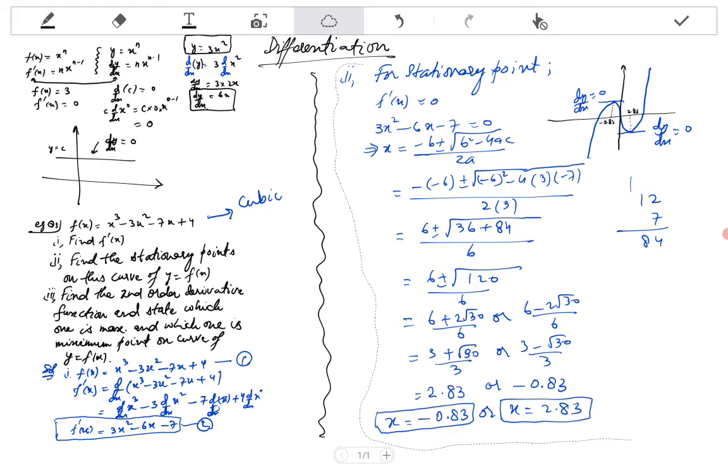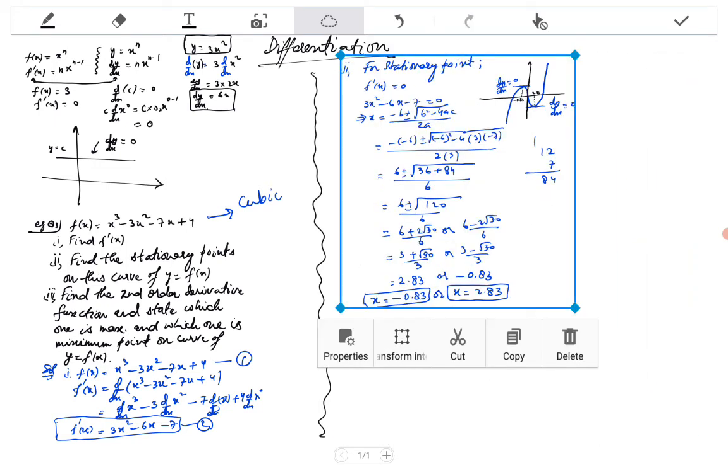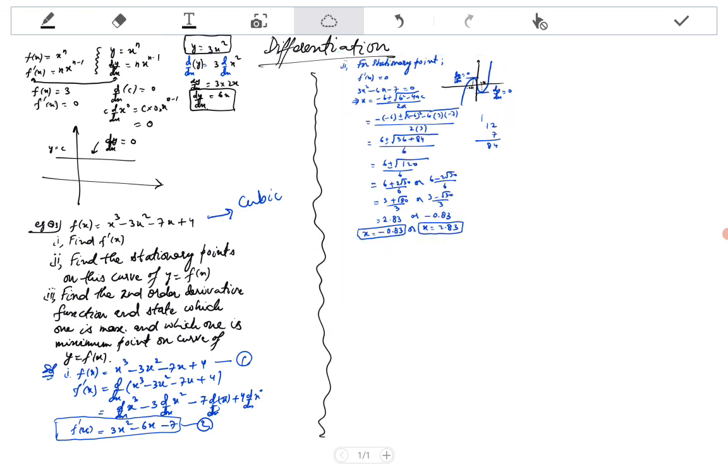I think I should resize this whole stuff. Still readable, okay. Now I can just substitute these values in equation number 1.